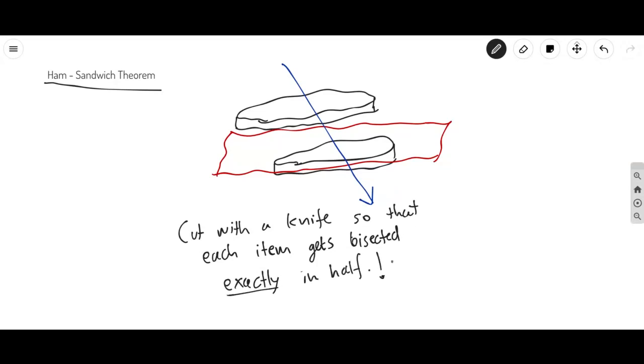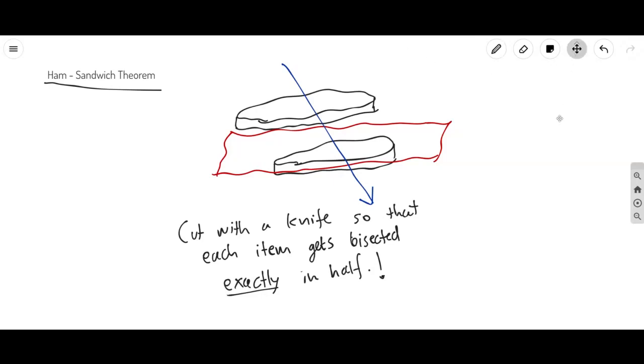Let's put an exclamation point because it is fairly surprising. So what the ham sandwich theorem basically is saying is if you have a ham sandwich, you can share it with someone else perfectly. Everything can get cut in half.